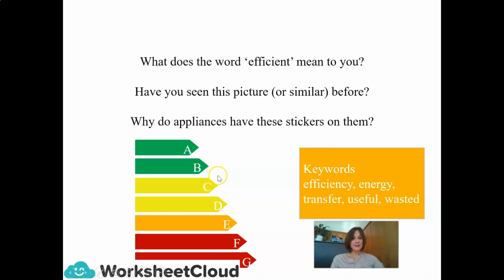I want you to look at these keywords: efficiency, energy, transfer, useful, and wasted. Think about what this sticker could possibly mean. A, B, C, D, E, F, and G. Just apply your knowledge. Think out of the box. What do you think it means?